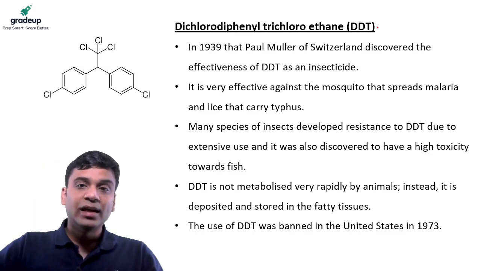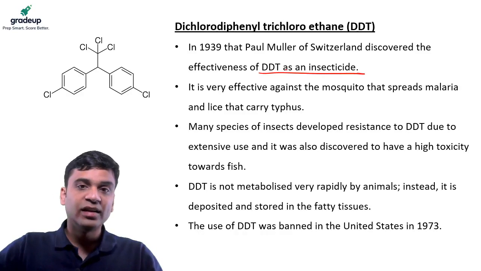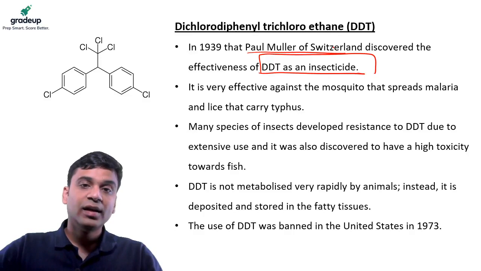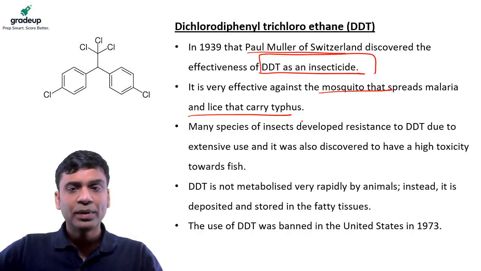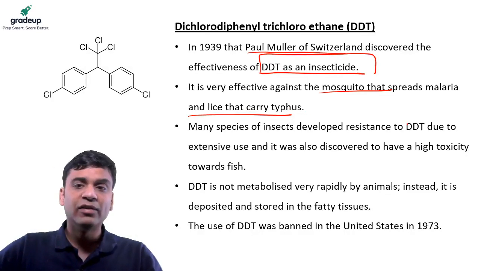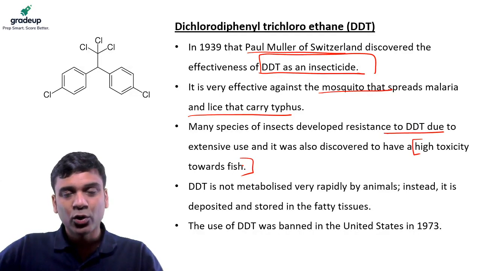Similarly, we have DDT. DDT is very useful as an insecticide. Since 1939, we have been using it. Paul Muller discovered it, and it was very effective against mosquitoes and the spread of malaria. But over a period of time, many species developed resistance to DDT, and high toxicity was discovered in fish. This is because DDT is not metabolized very rapidly in animals.